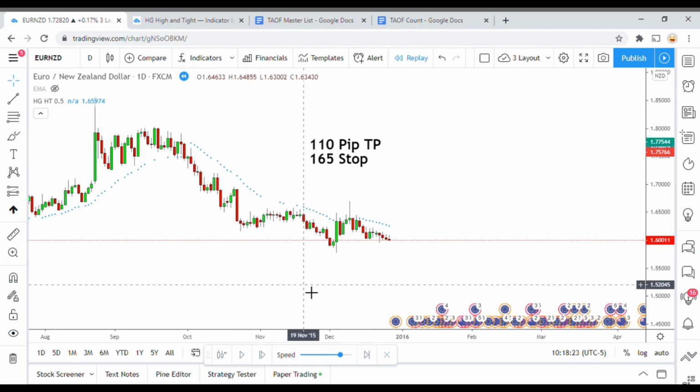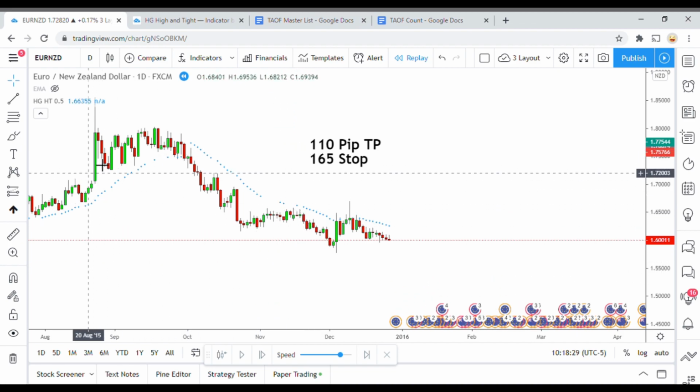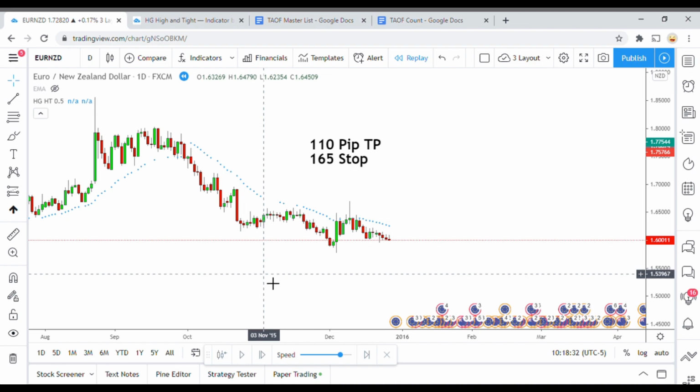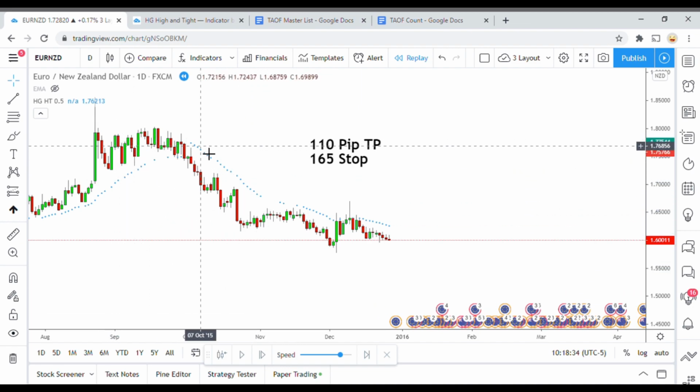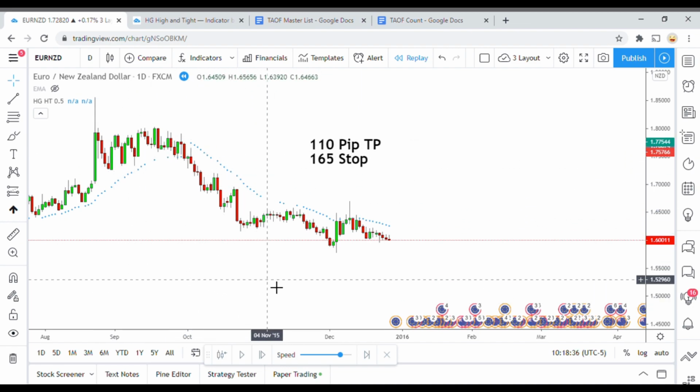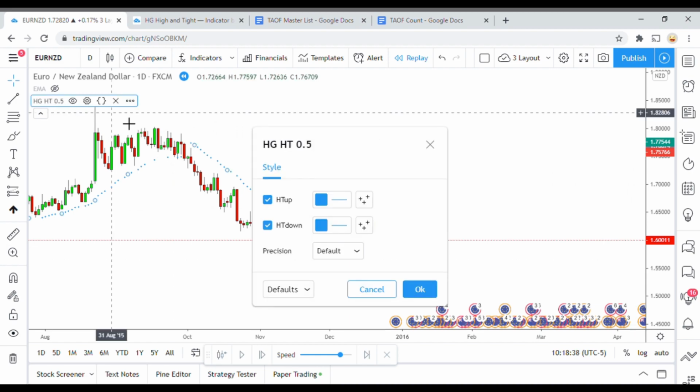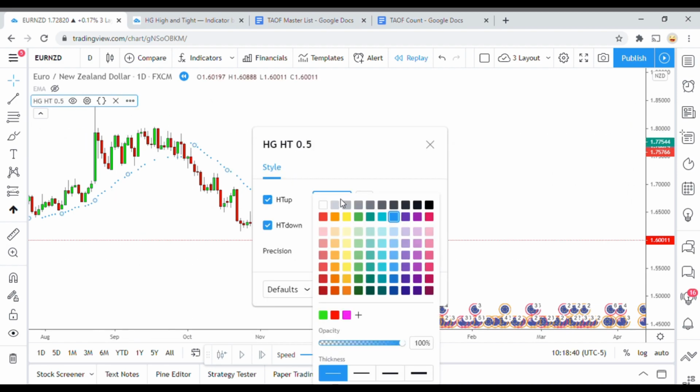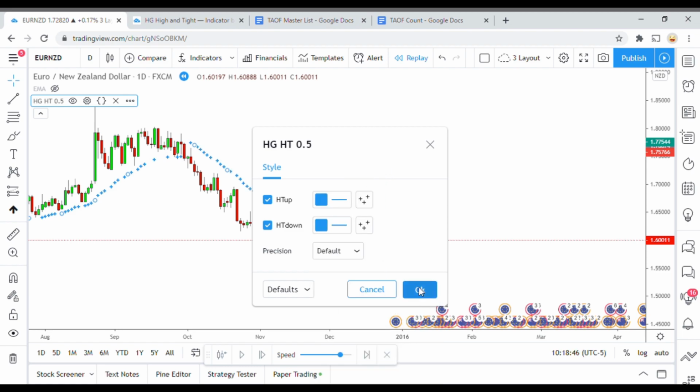It isn't the parabolic SAR, even though it looks really close. Basically, it's a moving average with an ATR incorporated into it to give us this kind of indicator action that's taking place here. Let me see if maybe this will help.